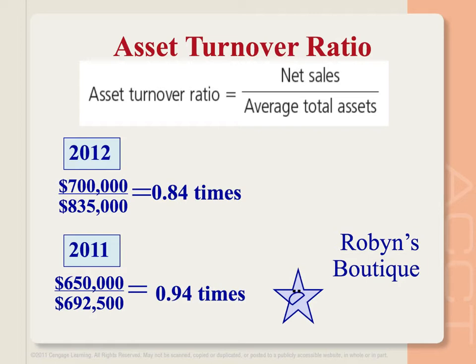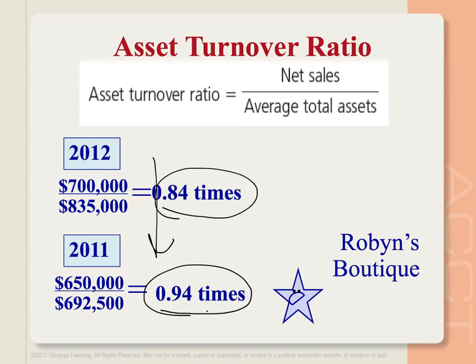In the case of Robin's Boutique, this ratio declined in the current year compared to the previous year. A lower asset turnover ratio is a concern to management. It means that the assets I have are not churning as many sales as I would like them to. So in this case, they're generating 0.94 times, and in 2012, they're only doing 0.84 times.